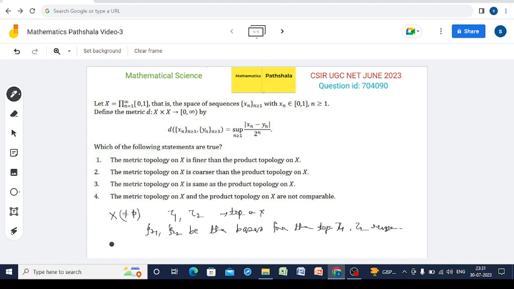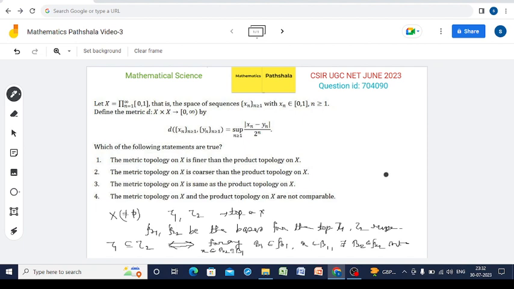Tau 1 will be a subset of tau 2, that means tau 2 will be stronger and tau 1 will be coarser, if and only if for any B1 belonging to script B1 with x belonging to B1, there exists a member, say B2 belonging to script B2, such that x belongs to B2 subset of B1.